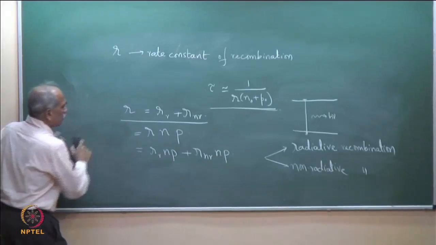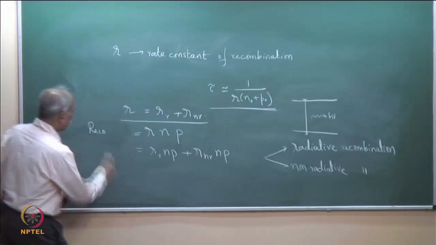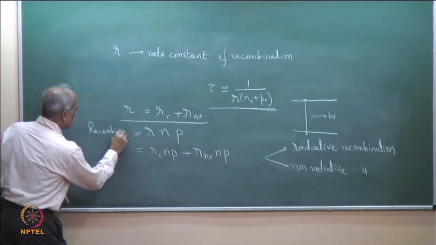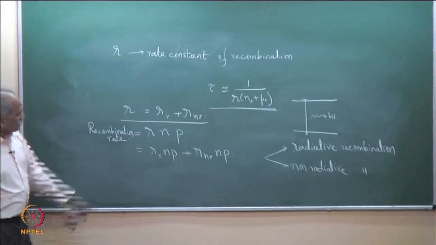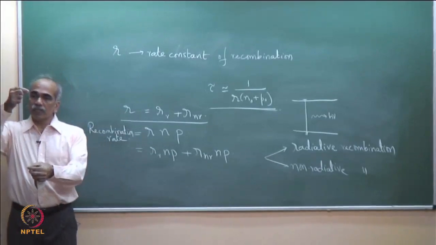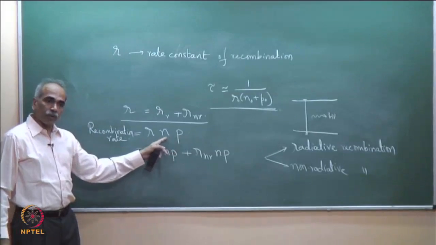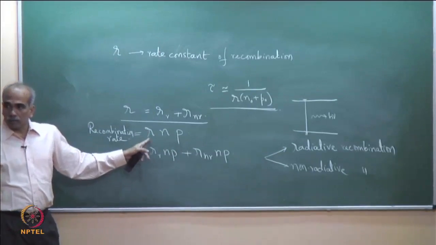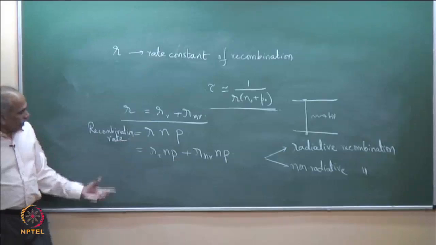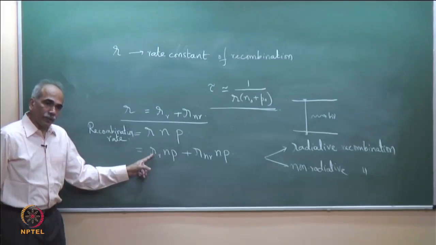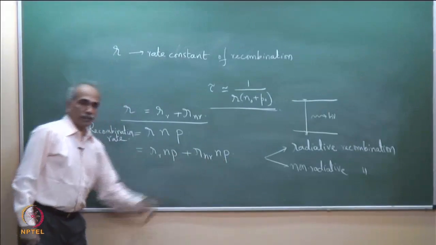So, do not use R here, you can write recombinations, because R I have used specifically for injection rate. So, recombination rate is proportional to N and P. Recombination rate is proportional to the number of electrons and number of holes, that is why it is proportional to the product, and proportionality constant is R. The recombinations comprise of a radiative part and a non-radiative part, and if I call RR as the radiative rate constant and RNR as the non-radiative rate constant, then I can write like this.